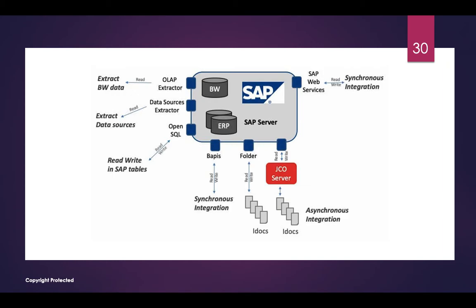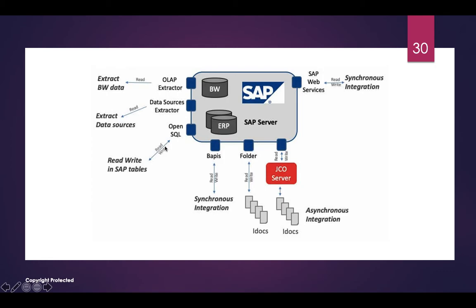So if I really simplify this, fundamentally there are two databases. One is the SAP basic ERP database, and then there will be some kind of BW database, and then there are a lot of tables outside this system.